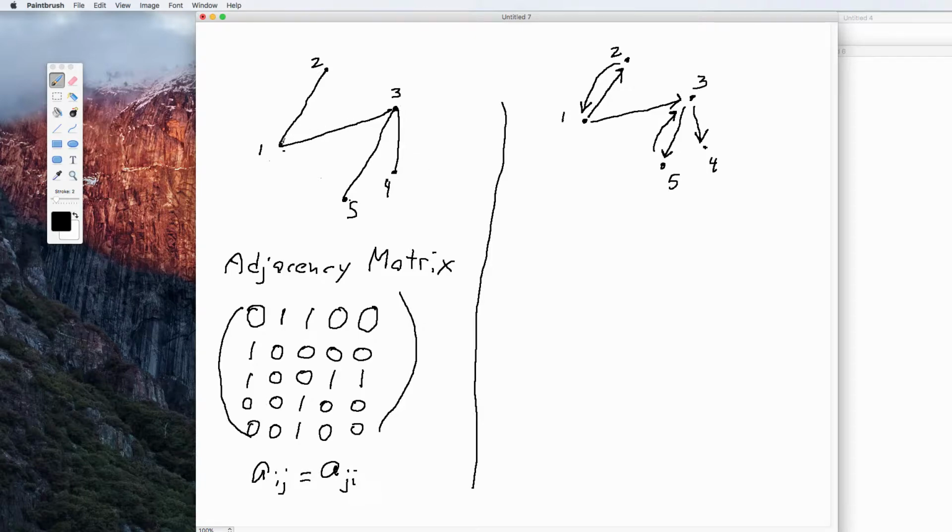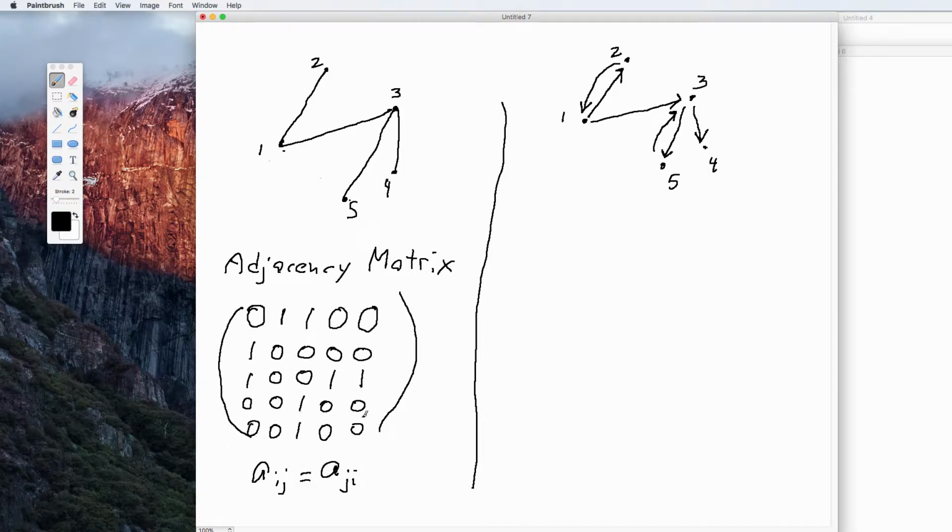Because these lines here go in both directions, if I can go from 1 to 3, that means I can go from 3 to 1, okay? And what it means to be symmetric is that if I were to draw a line right down this diagonal, the upper right-hand half of the matrix would be the mirror image of the lower left-hand one.